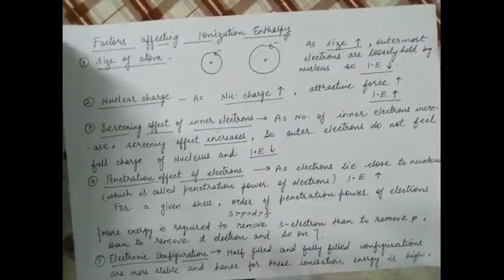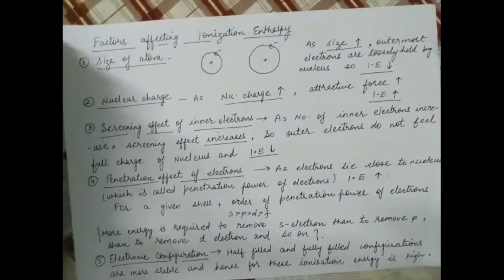And this effect will come when we discuss the variation of ionization enthalpy in the period. Now comes the next and the last factor which affects the value of ionization enthalpy, that is electronic configuration. When the configuration is half filled. What is the meaning of half filled configuration? That will come afterwards. But fully filled, you know, noble gas is a fully filled configuration. So half filled and fully filled configurations are quite stable.